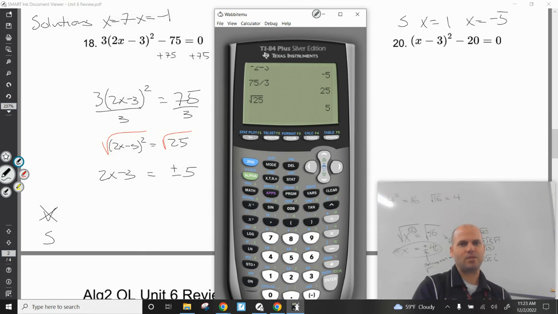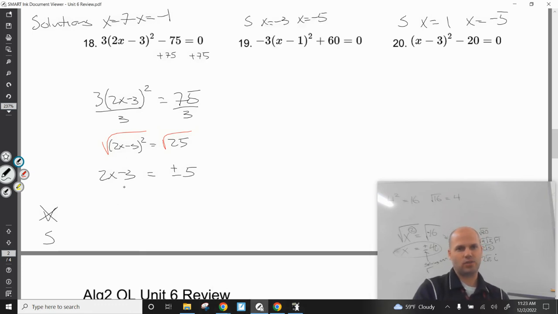Now watch what happens here, and you hadn't seen this in the notes, so this is a little bit of a challenge. How would you get x by itself? Okay, you would add 3, giving you 2x equals 3 plus or minus 5. And then you would divide by 2. Now this gives you x equals 3 over 2 plus or minus 5 over 2.